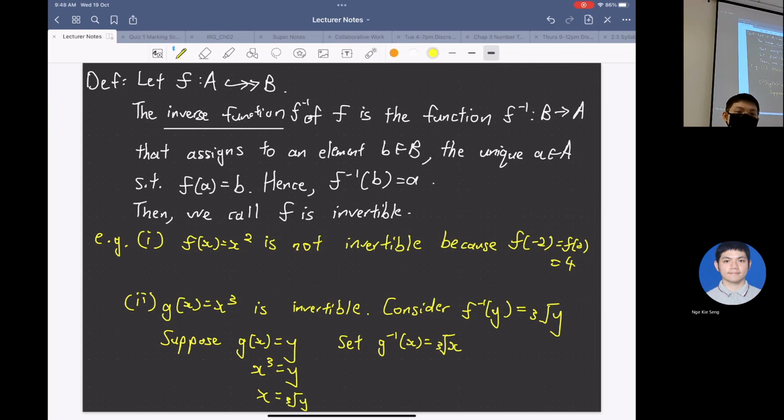Right. So now, after you learn this definition, what you actually did is you look at every element in your codomain, and then you find the pre-image, and you set your function as your pre-image.